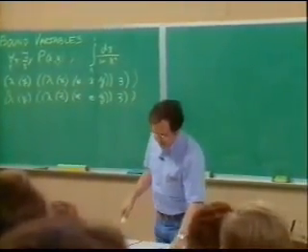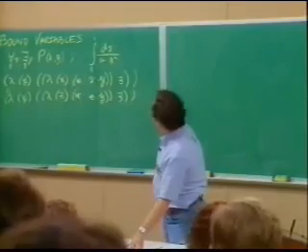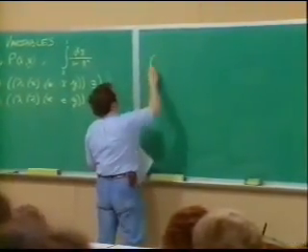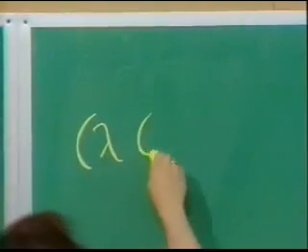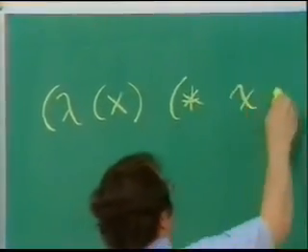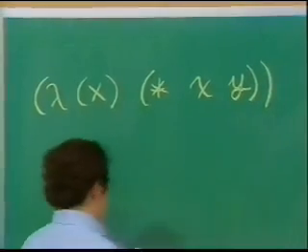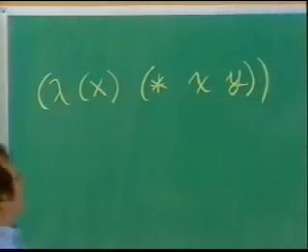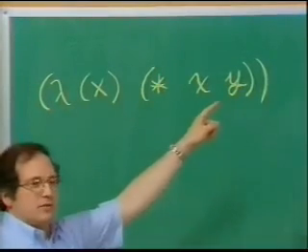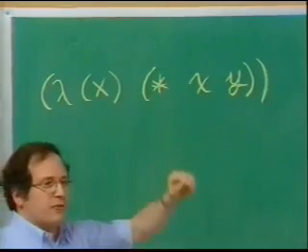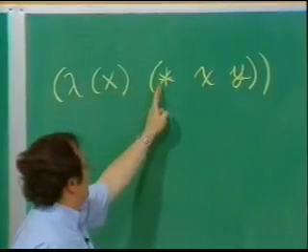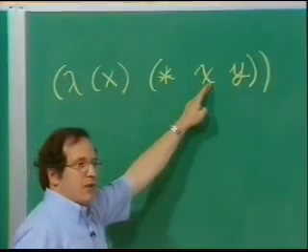On the other hand, I have some variables that are not bound. An example. That procedure of one argument x which multiplies x by y. In this case, y is not bound. Supposing y had the value 3, okay, and z had the value 4, then this procedure would be the thing that multiplies its argument by 3.